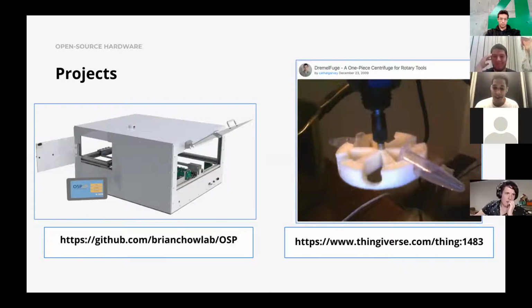I'm not sure how well it works, but these are projects that people have put together, and these projects kind of float all around. So it can be hard to find all of them, but they are out there, and I think that these can really lead to the next generation of open source hardware companies.